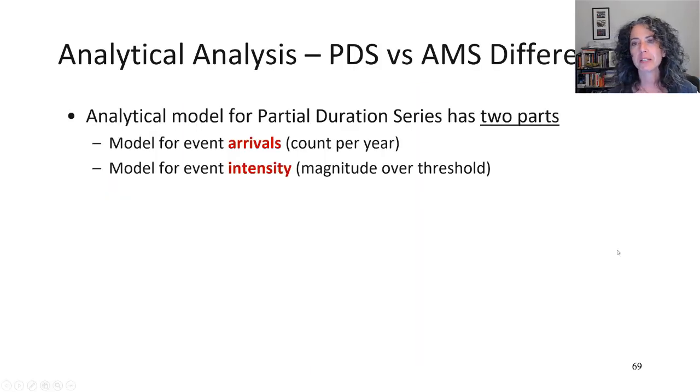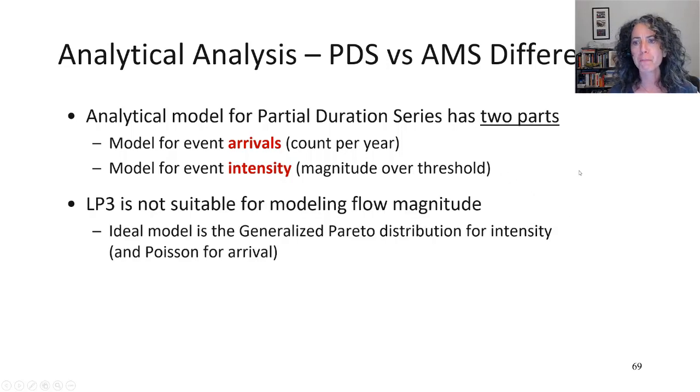And that's going to be a little bit different because the analytical model for partial duration series has 2 parts. There's going to be one model for arrivals, or how often an event will exceed the threshold, and then a separate model for intensity, which means the magnitude of the event given that it exceeded the threshold. So that second one is a conditional distribution. Right, so both of these have to be fitted.